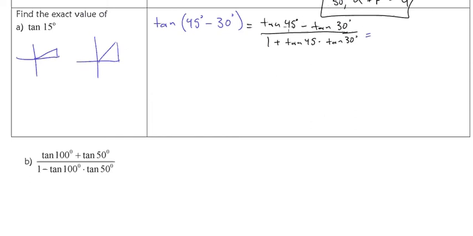And so tangent of 45 degrees, that's going to be 1, minus the tangent of 30 degrees, and that's going to be the square root of 3 over 3, all divided by 1 plus, well, the tangent of 45 is still 1, and so 1 times the tangent of 30 is square root of 3 over 3. And so that tangent of 45 just went away because it was 1, and so 1 times all that is still just the square root of 3 over 3.